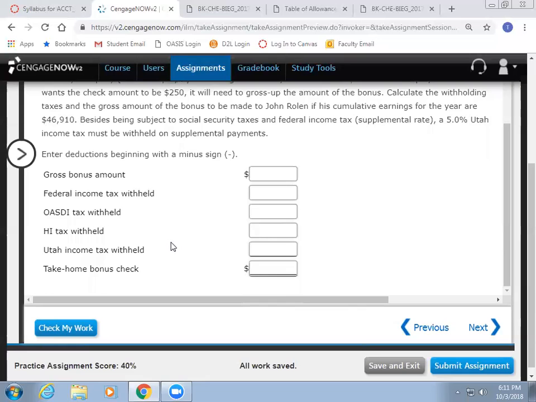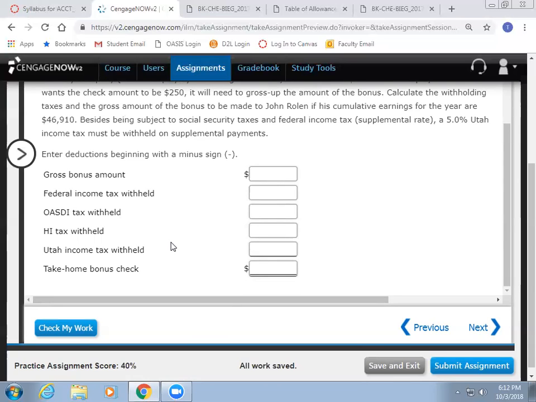I'm going to do it in decimal form instead of percent form so we can subtract easier. So 1 minus 0.25 for the federal supplemental 25% rate, minus 0.062 for Social Security tax, minus 0.0145 for Medicare tax, and minus 0.05 for the Utah state tax.